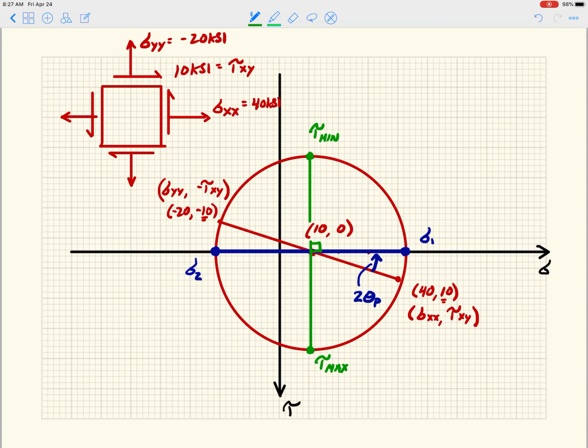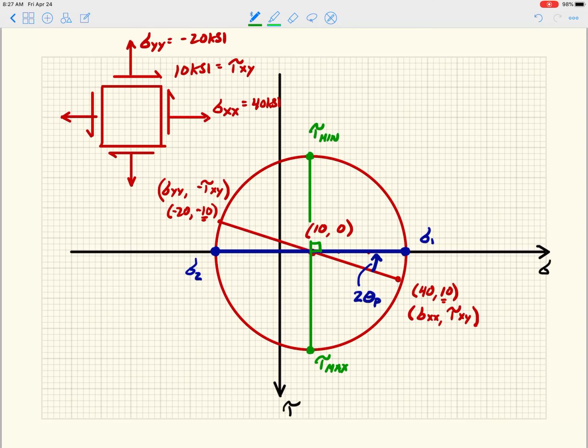So the principal axes define the minimum shear stress, which would be 0. That's sort of the axiom that we started with. And 90 degrees on the circle, or 45 degrees on the stress cube, that's where we can get to the tau min and the tau max.